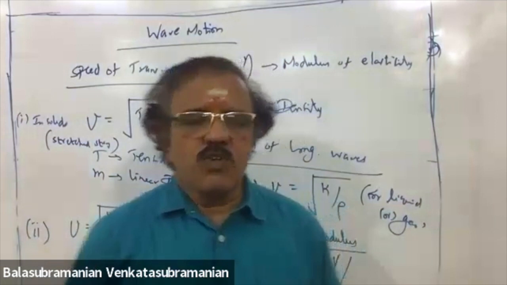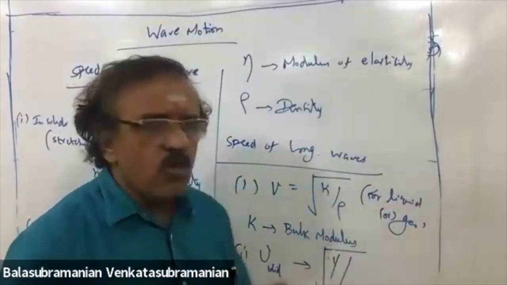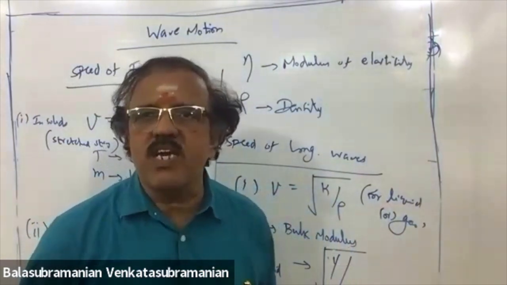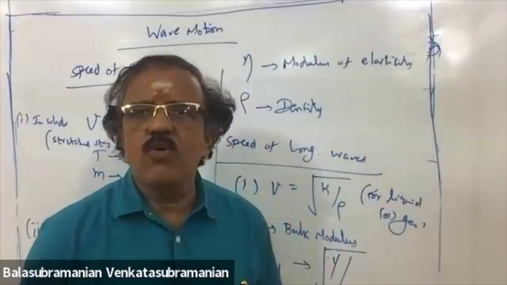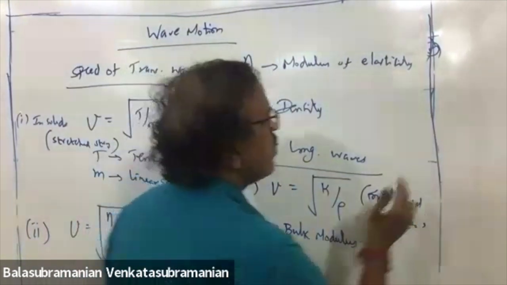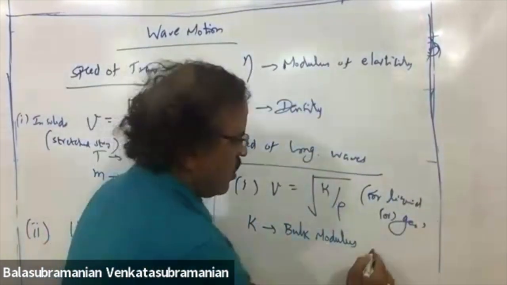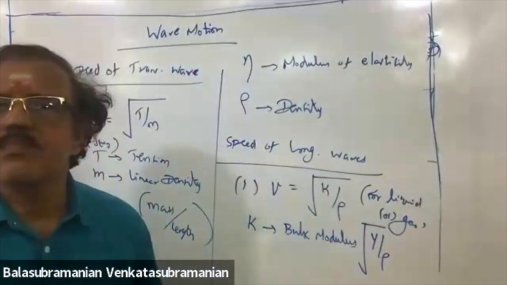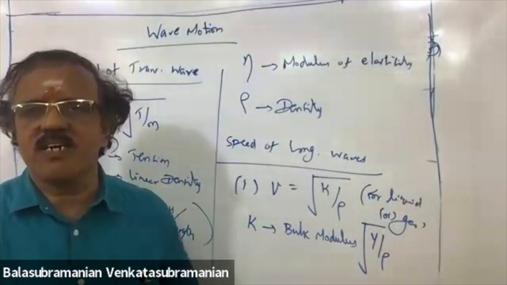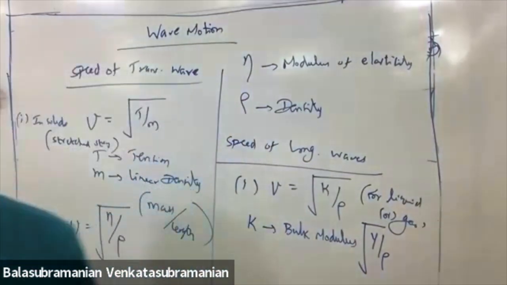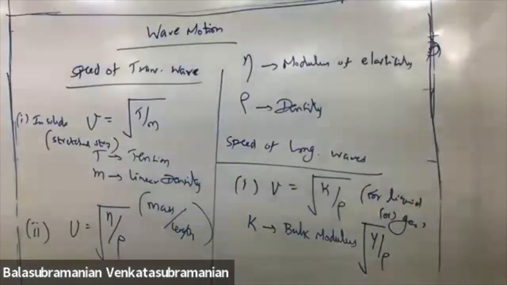Velocity of longitudinal wave is root of Y by rho. Y is called Young's modulus, rho is called density. Same concept. Unit is meter per second. Same concept. Correct? Only the final formula here we are writing.